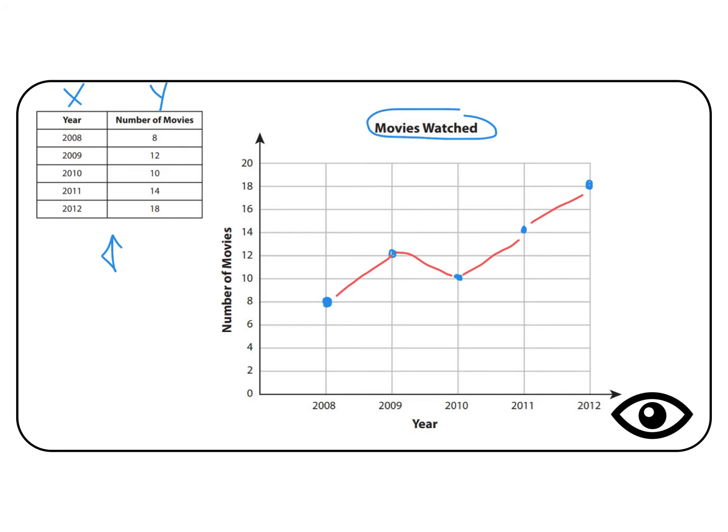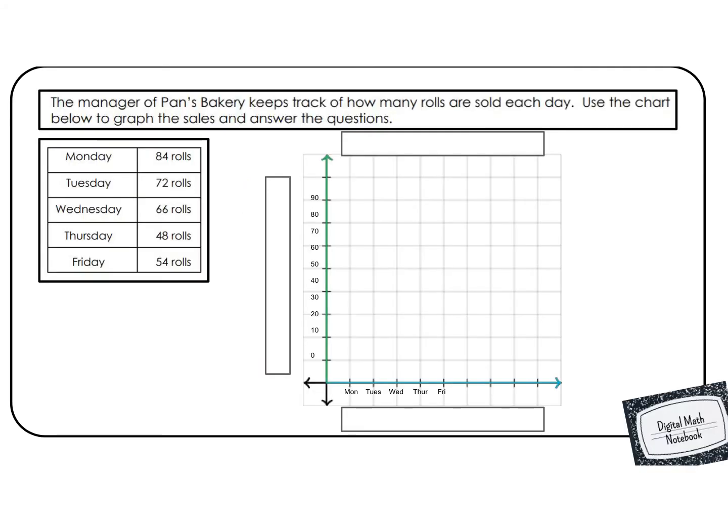Let's try one together. All right, guys, in this example, we have a word problem to start off with. It says, the manager of Pan's Bakery keeps track of how many rolls are sold each day. Use the chart below to graph the scales and answer the questions.